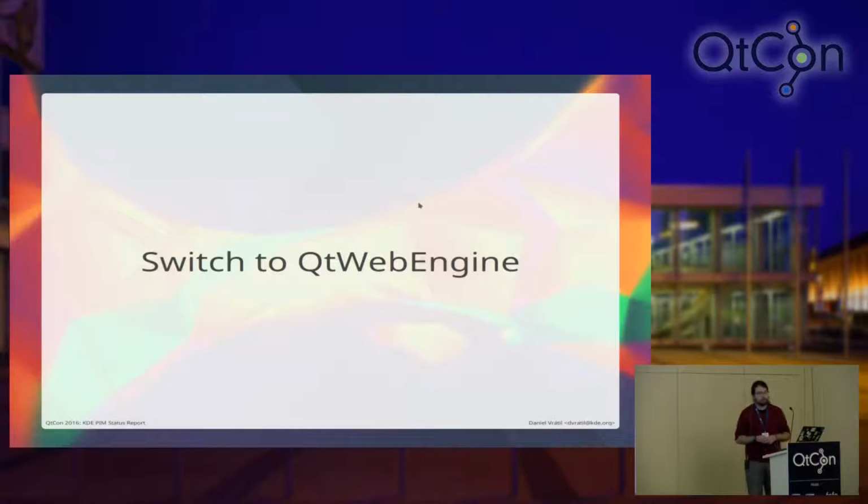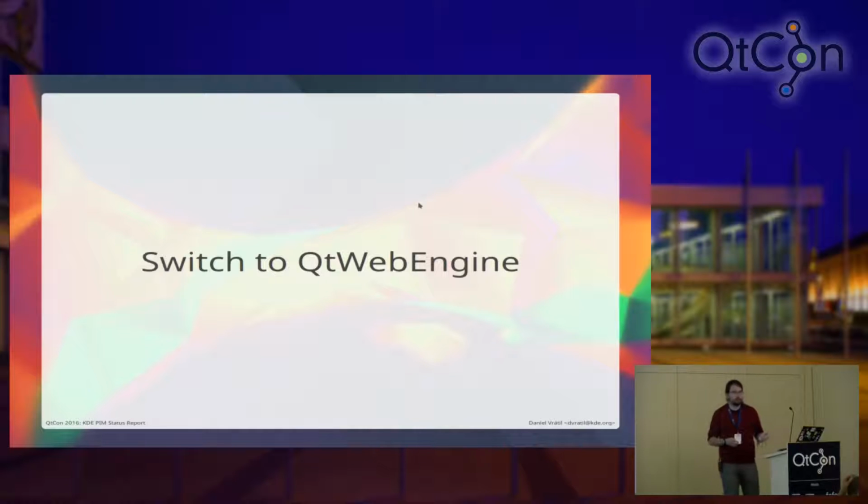The other big thing that happened in the past year, in the last 16.08 release, was the switch to QtWebEngine. So the way we render emails and show contacts and event previews is that we just create an HTML and we show it in a web viewer.